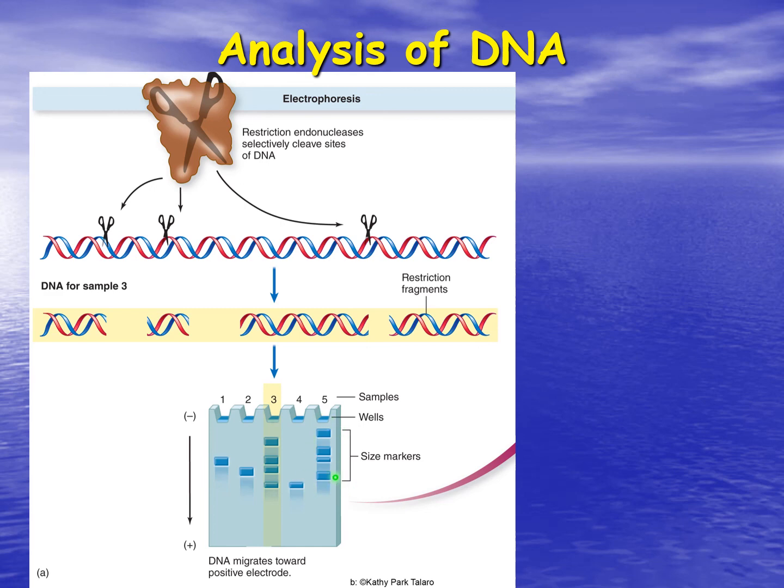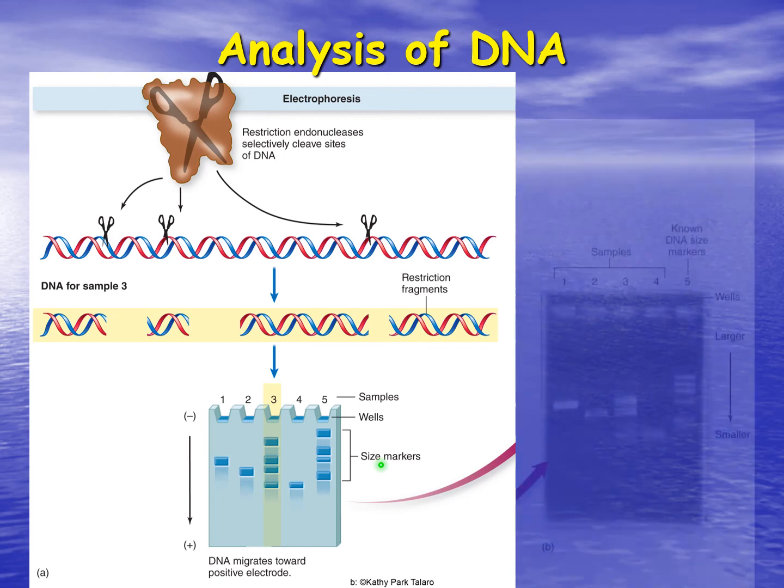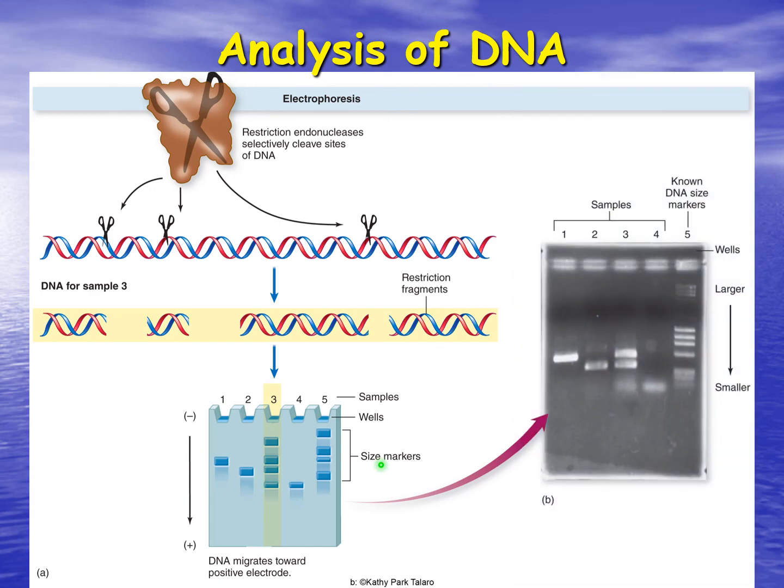So we can use the ladder as a comparison for the ones that we are looking at. And so we see that in well 3 here, we actually have 1, 2, 3, 4 fragments that have been separated. And in the other wells, we have 1, 2, 1, 2, 1, 2. So we know that in well 3, this was the fragment that was cut by these 3 endonucleases.